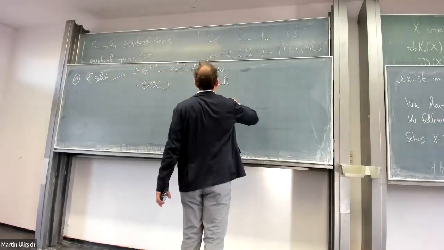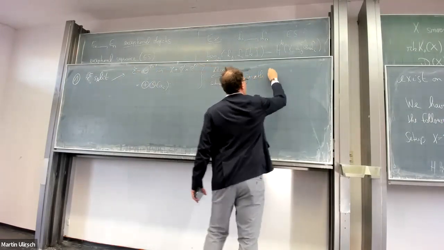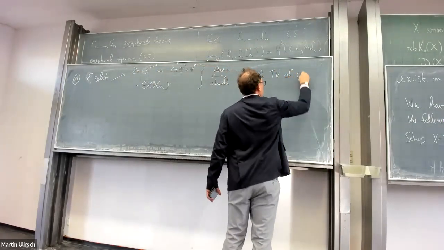They're basically toric varieties of rank 2.